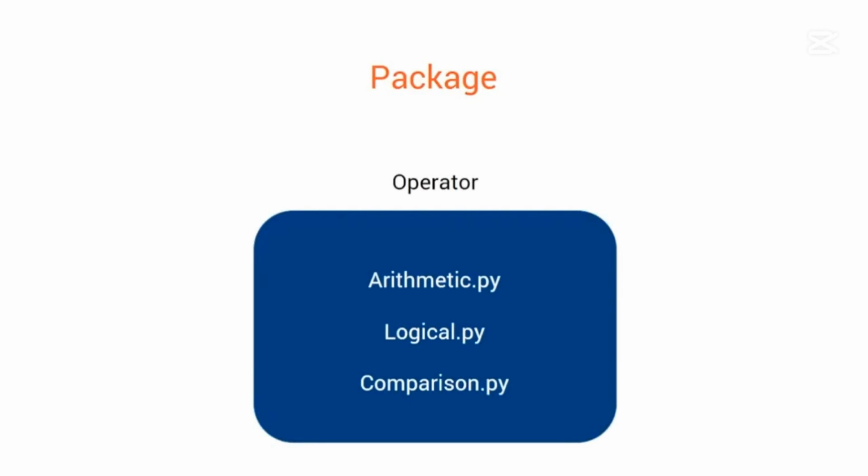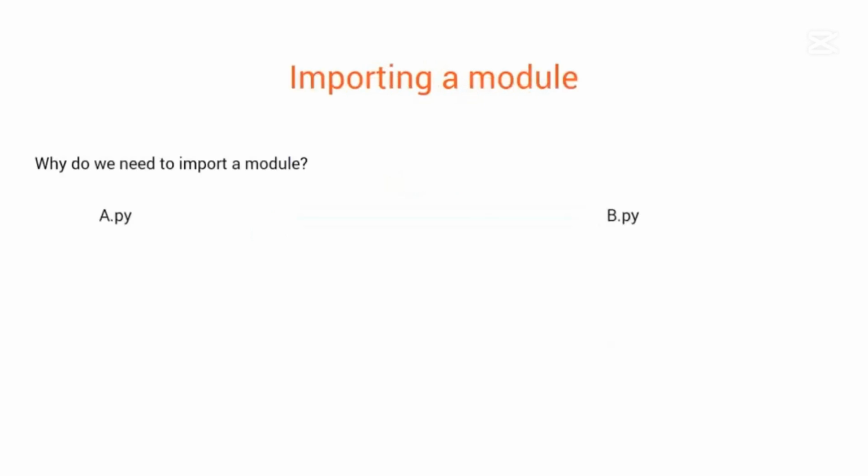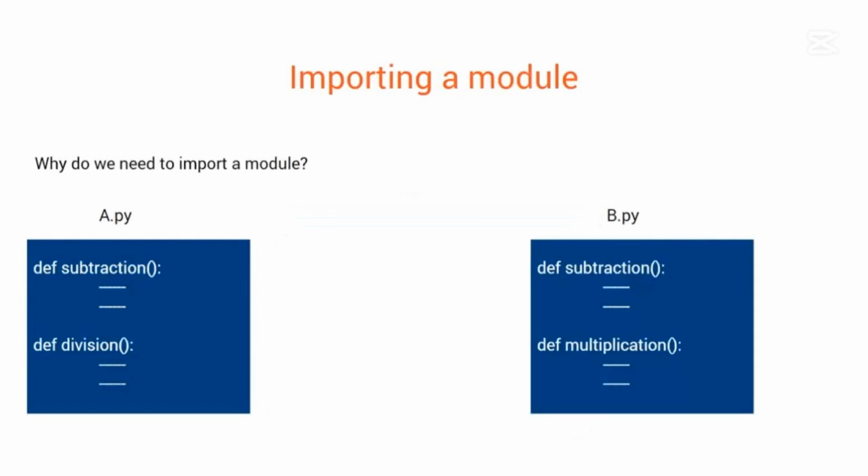Now, since you have knowledge about standard library, modules and packages, let's understand with the help of an example. Suppose you have two modules, a.py and b.py. A.py is what ships with the standard library and b.py is created by some Python user. You want to perform a subtraction task but want to use the subtraction function created by the Python user instead of the standard library.